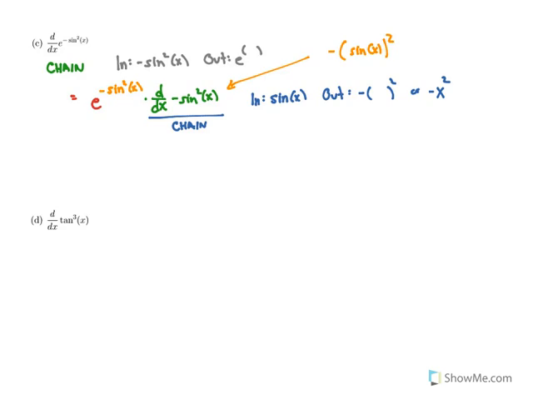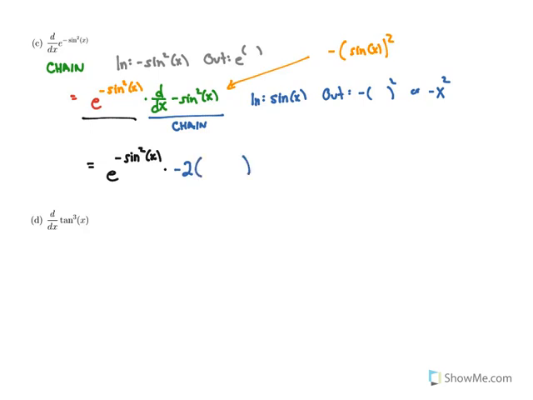So to write this answer down, we're going to bring everything without the derivative first. So this is e to the negative sine squared x. The derivative of negative sine squared x is going to be negative 2 sine x cosine x.